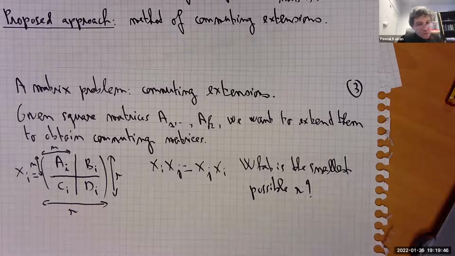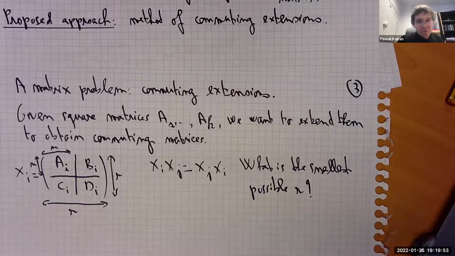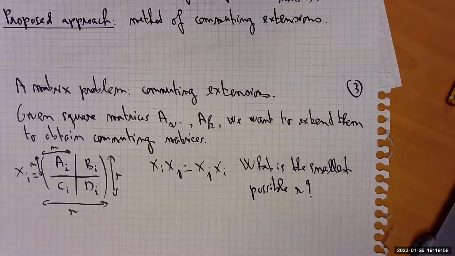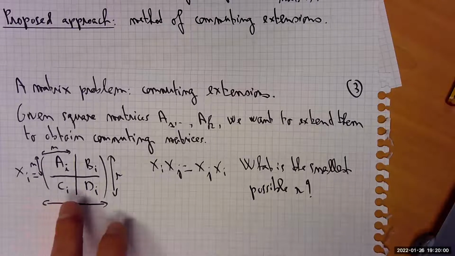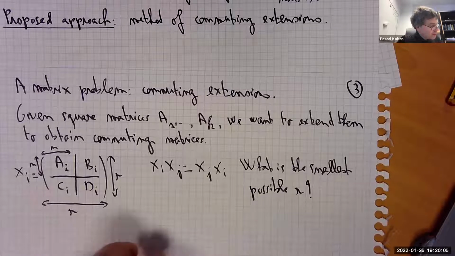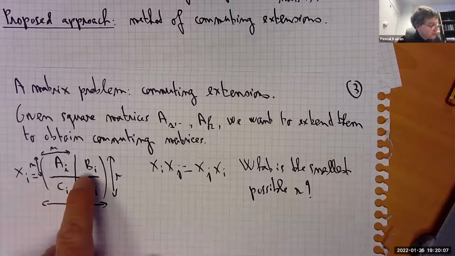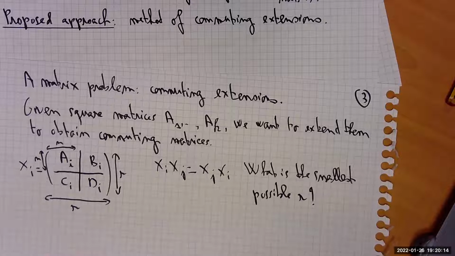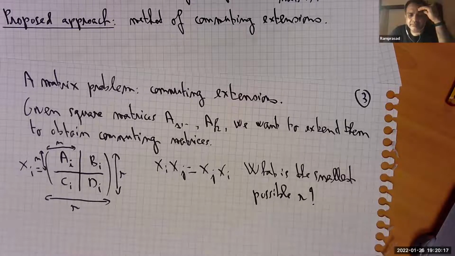We will see shortly that the value R equal to 2n plays a special role, but no, it could be smaller or bigger than 2n. The B_i could have more than n columns or fewer. It's not prescribed, we just want the smallest R. Okay. And is it important that the columns or rows are contiguous?